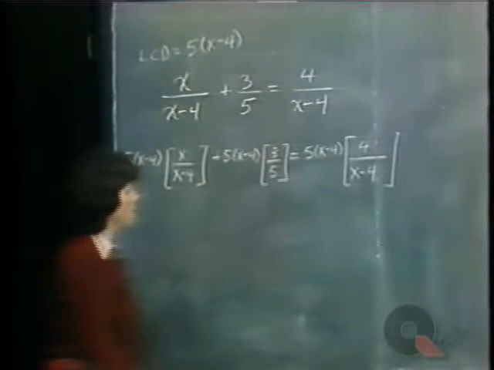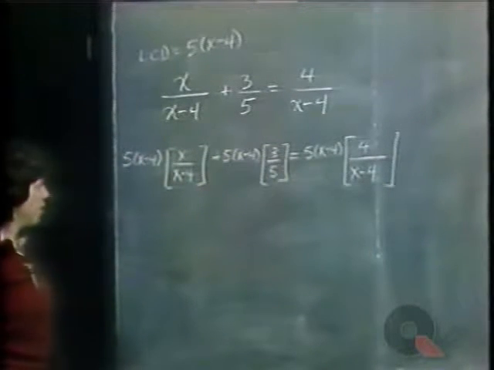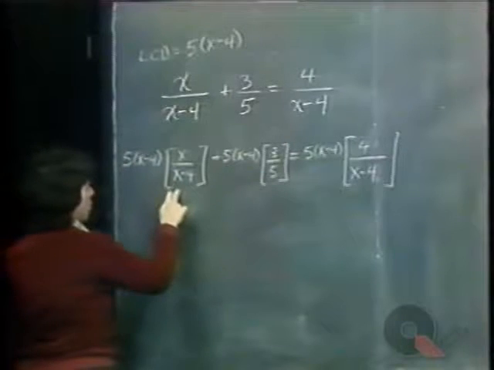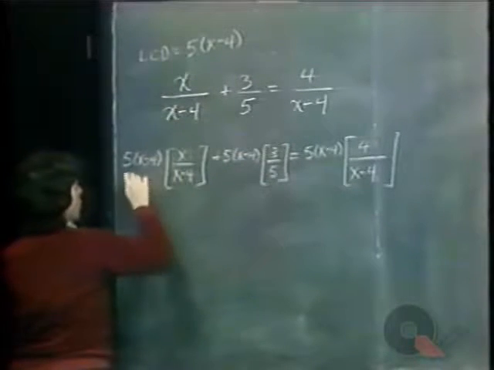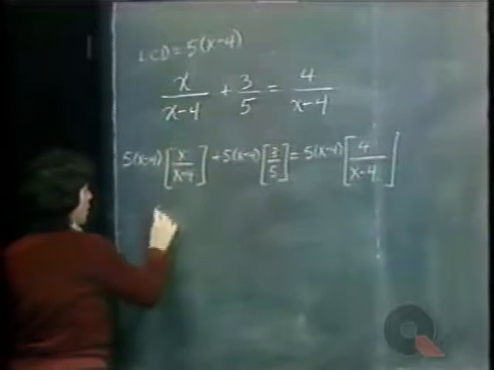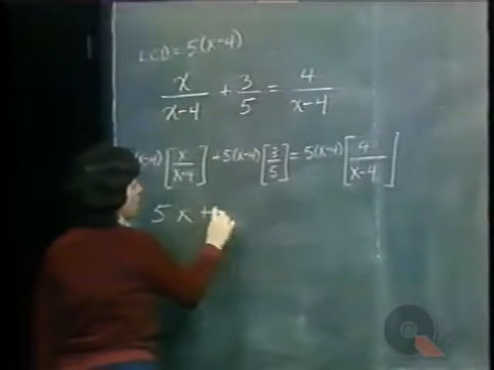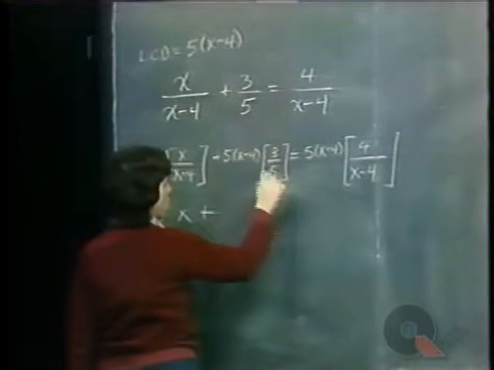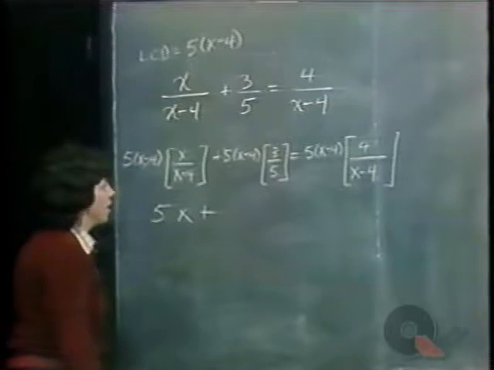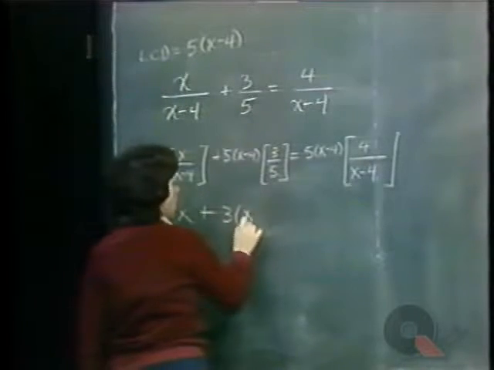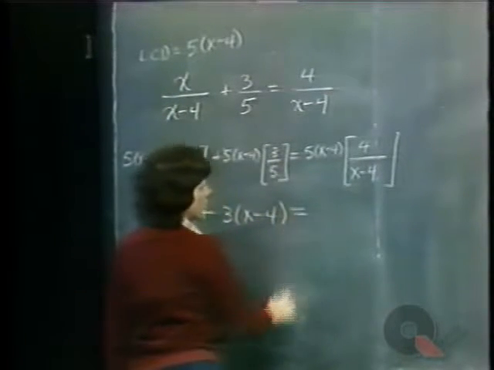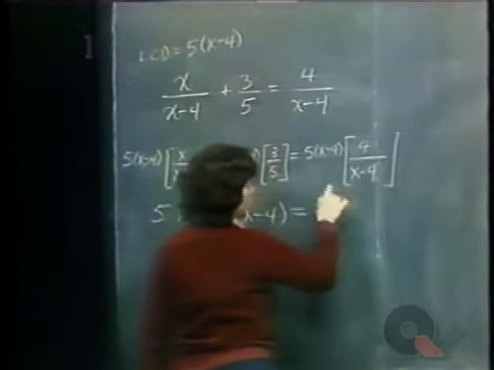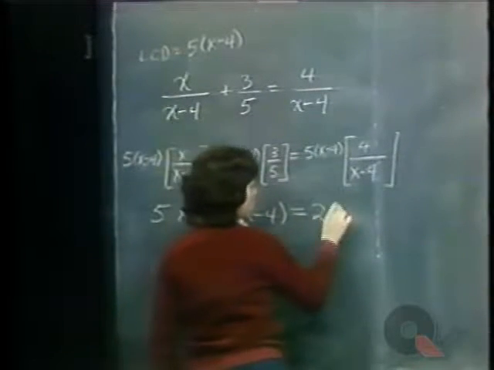We now try to simplify. Over here, we can divide numerator and denominator by x minus 4, and we are left with 5x. Here we can divide numerator and denominator by 5. We are left with 3 times x minus 4 equals, here the x minus 4's cancel, we are left with 5 times 4, or 20.